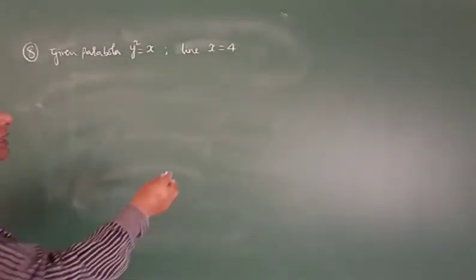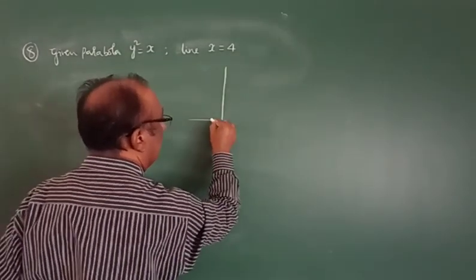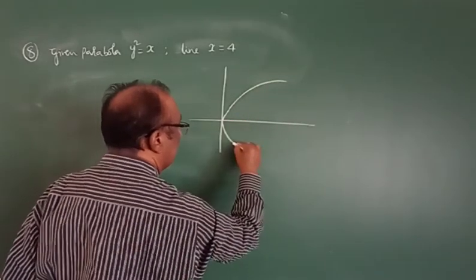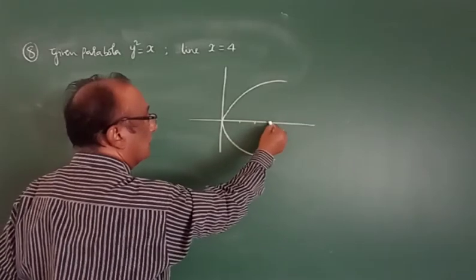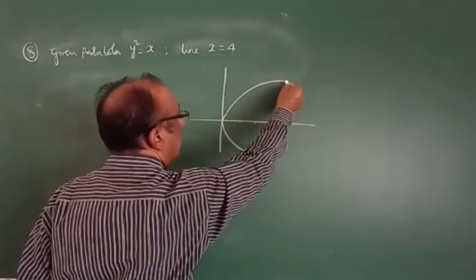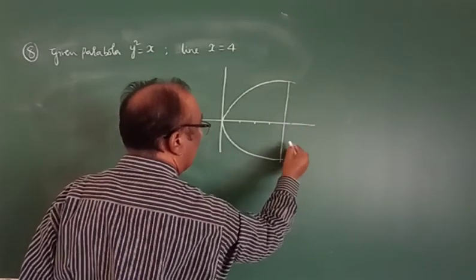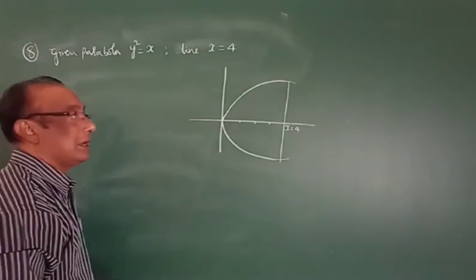First draw the figure, everyone. Right-handed parabola passing through origin. Right? 1, 2, 3, 4. This is x is equal to 4. Right?